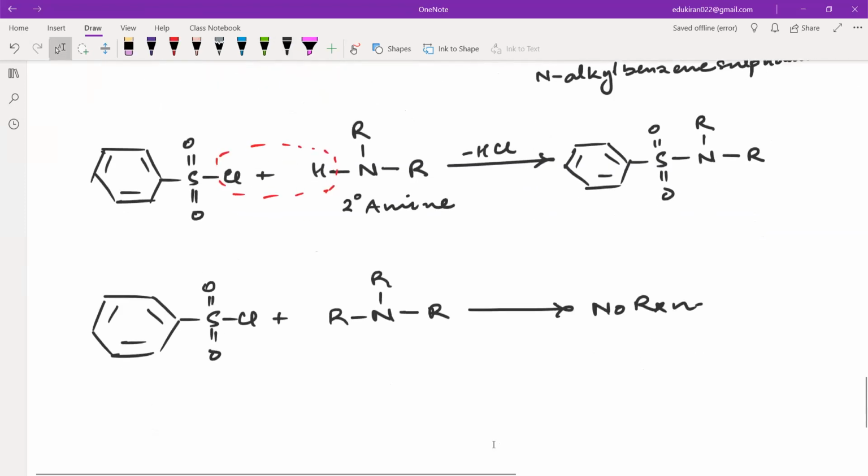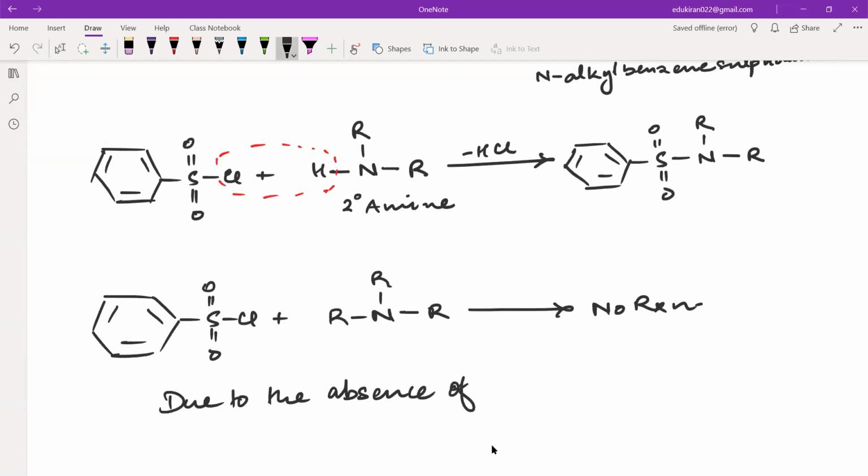Due to the absence of hydrogen attached to the nitrogen. The 3 degree amine doesn't give any reaction with benzene sulfonamide.